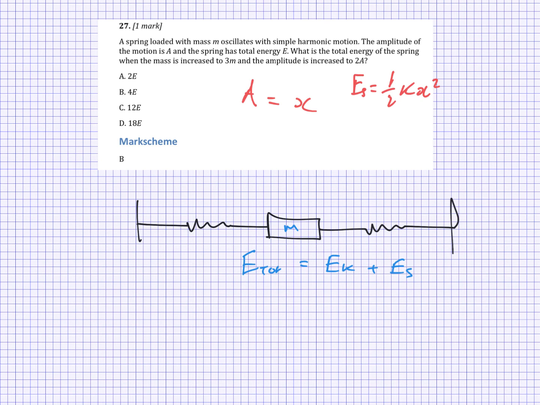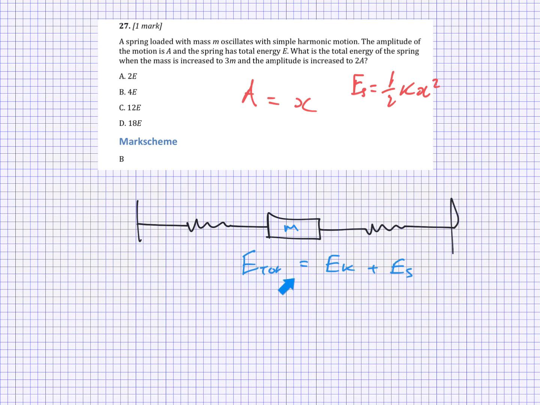E is the energy. What's the total energy of the spring when the mass is increased to 3m and the amplitude increased to 2a? Well, the key understanding here is that it's asking for the total energy of the spring when the mass is increased to 3m and the amplitude is increased to 2a.